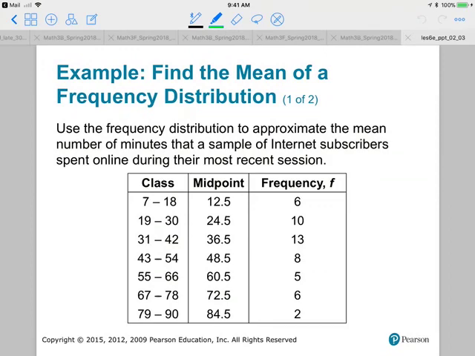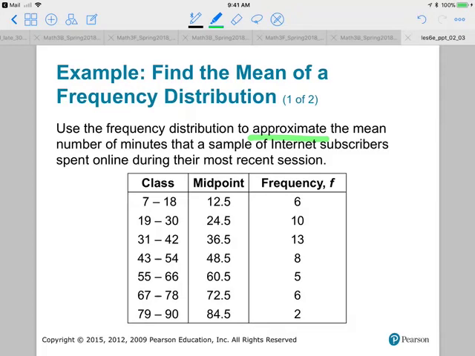So let's do an example. In this example, we are trying to approximate the mean number of minutes that a sample of internet subscribers spent online during their most recent session. So the issue is, how long on average did a typical internet subscriber spend online on their most recent session?